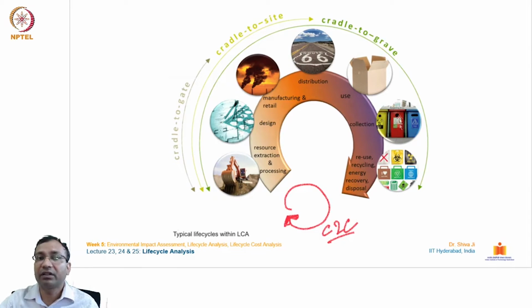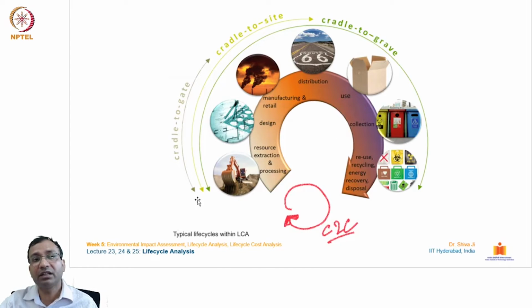Once the end of life happens, it goes for collection back, or reuse, recycling, energy recovery or disposal, or even landfills, if it is discarded simply outside our premises. So all of those things.